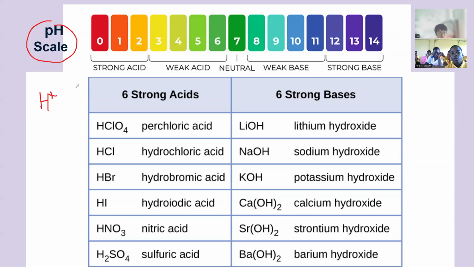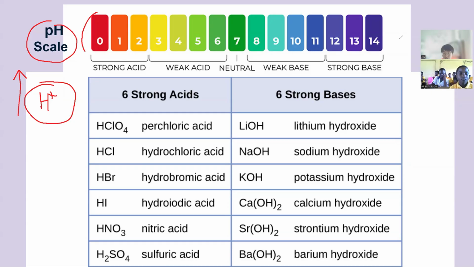The lower pH on the left means more H plus. So more H plus on the left, less H plus on the right.